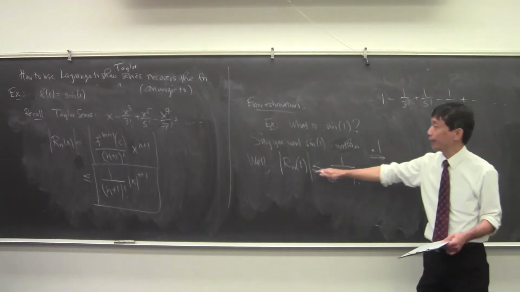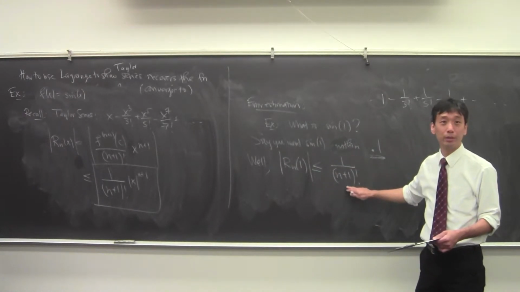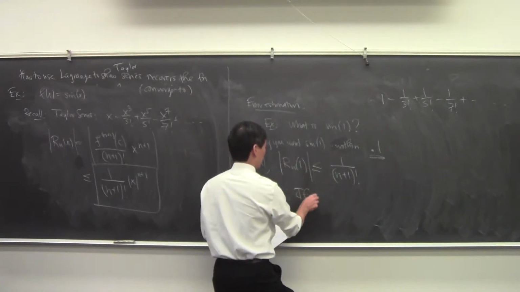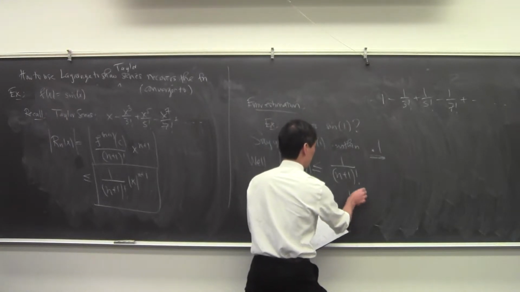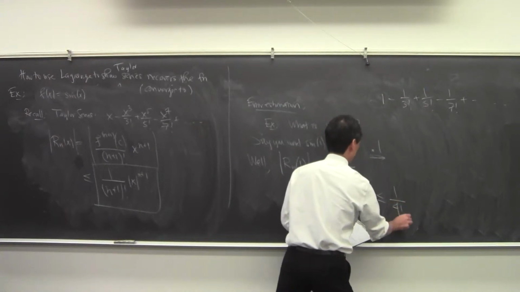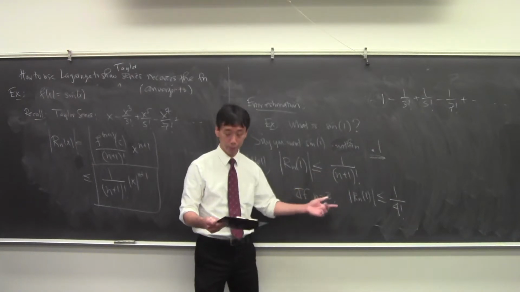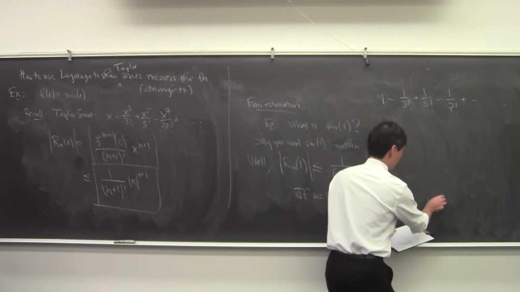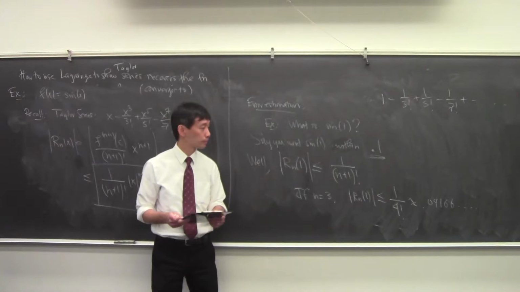The error by our calculation is going to be 1 over n plus 1 factorial. So if n equals 3, the error is smaller than 1 over 4 factorial, which is something like 0.0416666666.